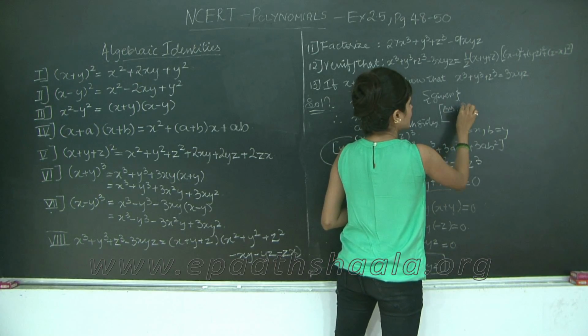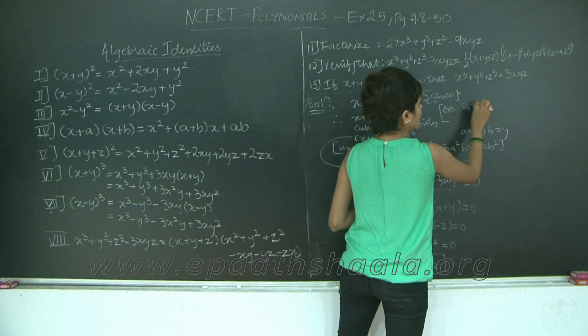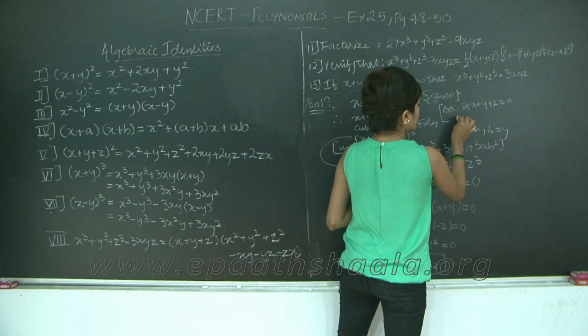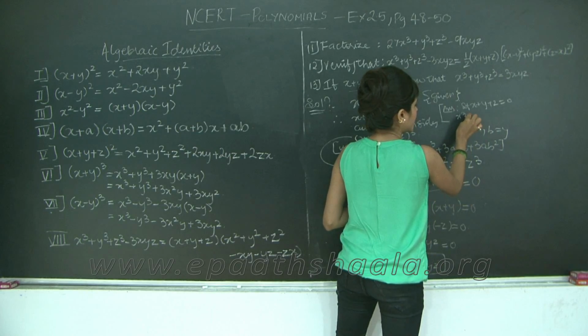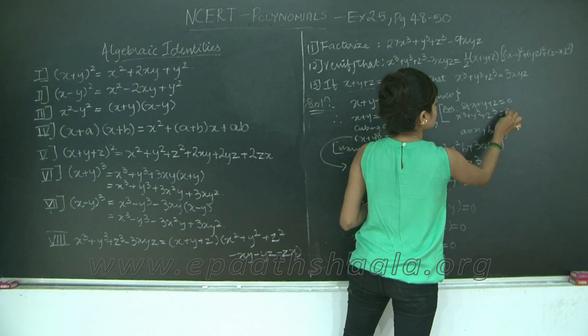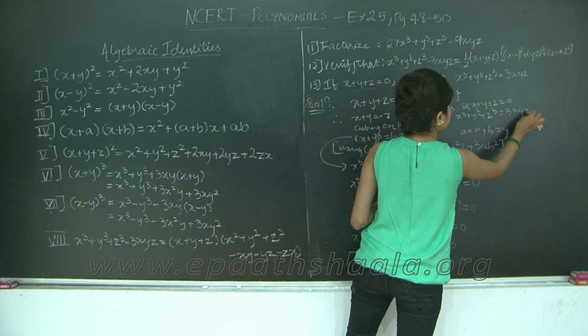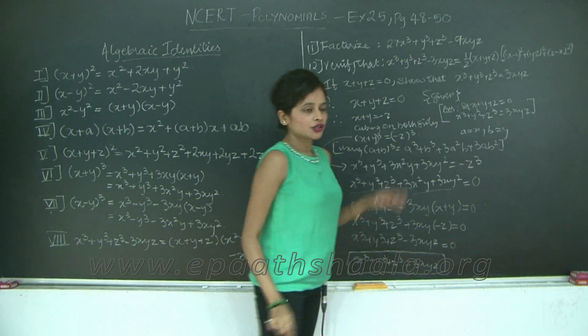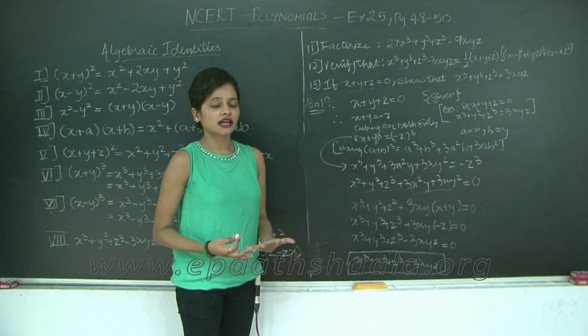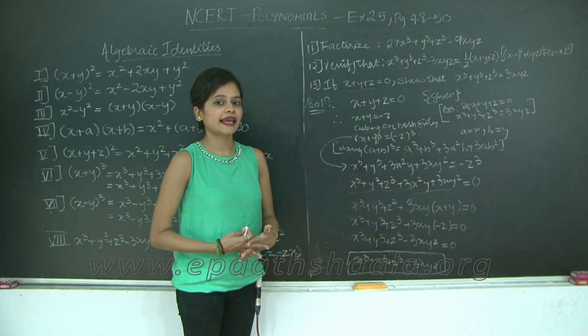Answer: if x + y + z is equal to 0, x³ + y³ + z³ is equal to 3xyz, right? So with this we have solved our question numbers 11, 12 and 13. Let's continue with the remaining questions in the next class.